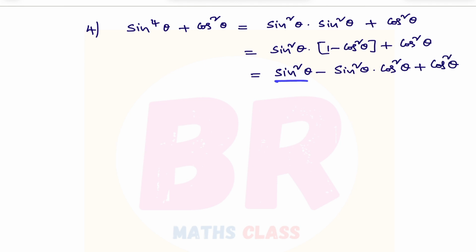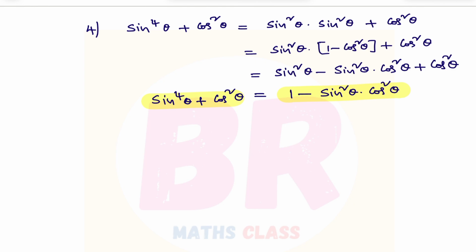Now you observe the sin square theta plus cos square theta is 1. Yes, 1 minus sin square theta into cos square theta. So hence we proved this fourth result also. Sin power 4 theta plus cos square theta is 1 minus sin square theta cos square theta.